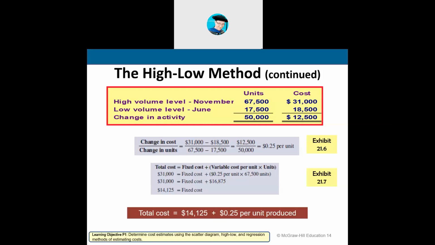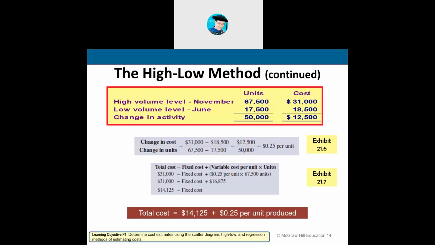of variable cost. My total fixed cost in this example is 14,125. How did I get that amount? Our total cost is our fixed cost plus our variable cost times the number of units.